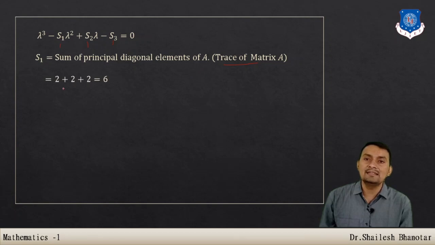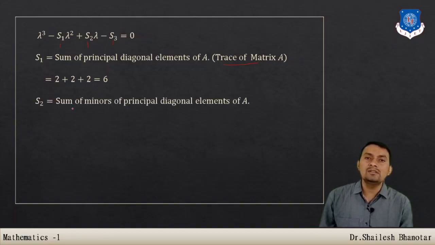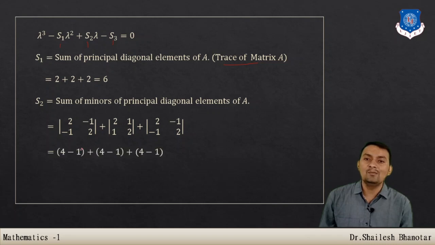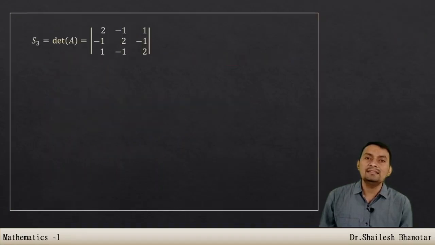The diagonal entries are 2 only, so 2 plus 2 plus 2, and that is 6. s2 is the sum of minors of the principal diagonal entries of the matrix A, and when we determine the determinants and simplify, s2 will be 9. And s3 is the determinant of the matrix A, and that will be 4.